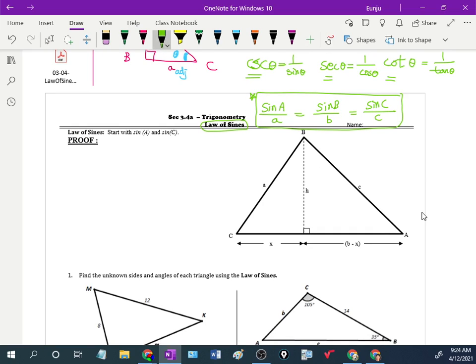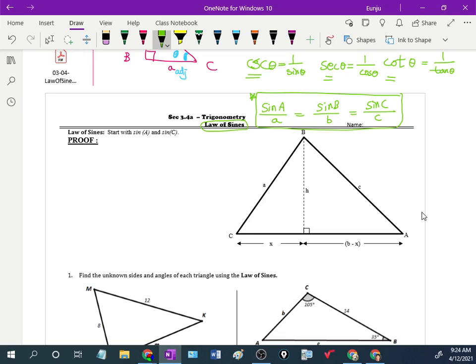Let's think about verifying that. Let's start with the sine A and sine C proof. Draw an altitude h, with opposite side c and opposite side a from the corresponding angles.